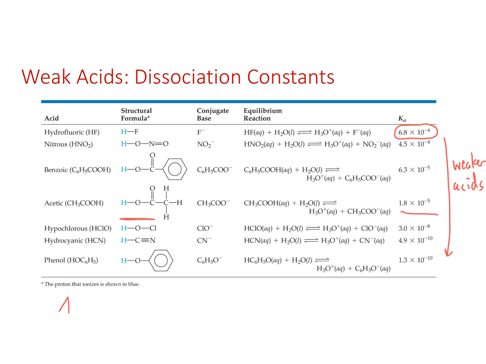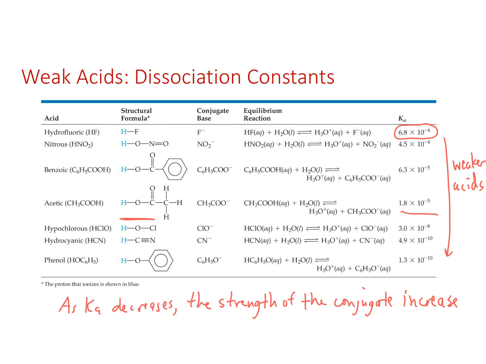So as Ka decreases, the strength of the conjugate base increases. And that's why it's a weaker and weaker acid, because it's got a stronger and stronger conjugate base, pushing the equilibrium farther and farther to the starting material, the original acid we put in solution.